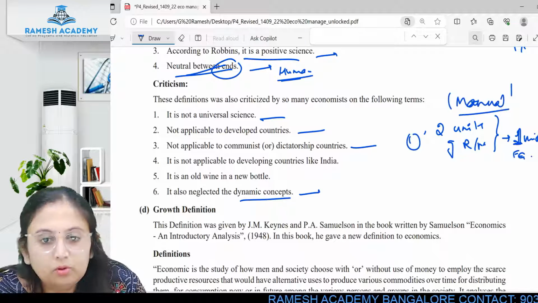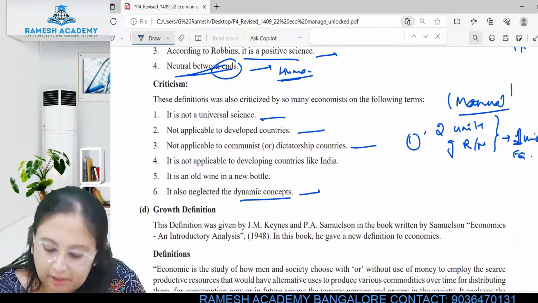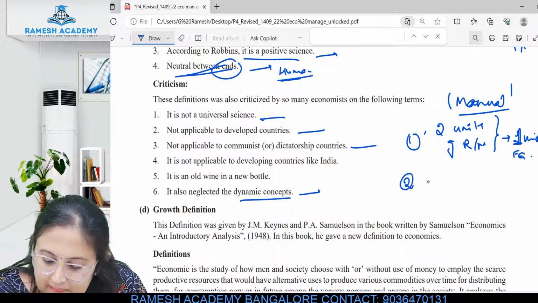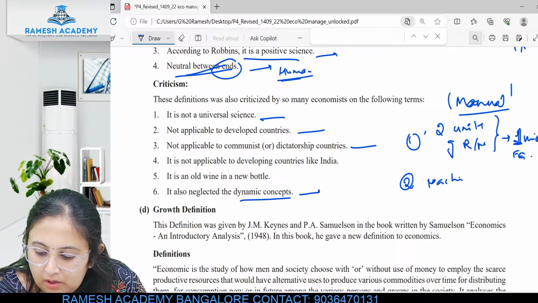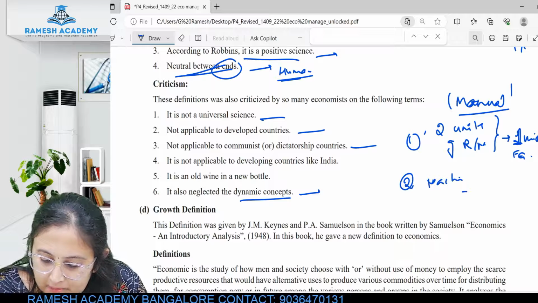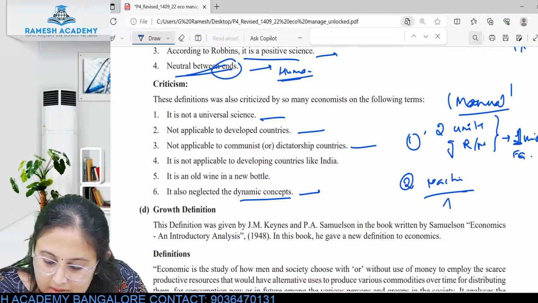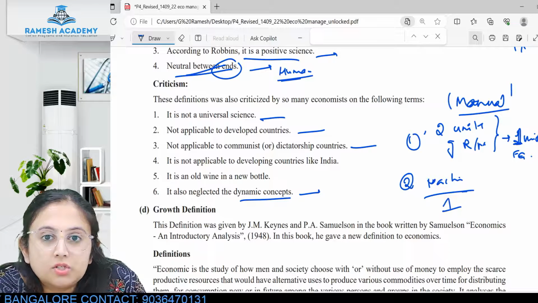So 2 units of raw material is required to produce 1 unit of finished product. Now, if I go for modernized machinery, completely automated, maybe it is saving my wastage.